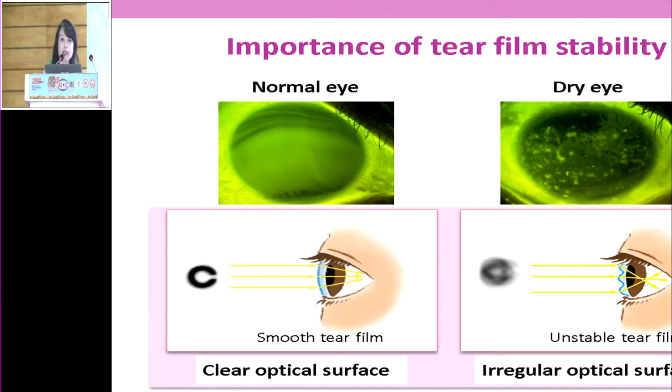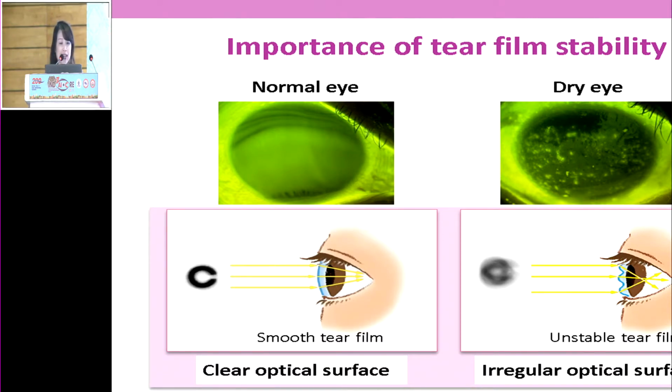As you know, tear film is very important for maintaining the health of the cornea and conjunctiva. Since tear film is the first reflecting surface of the eye, it is a very important element of the optical quality for the eye.